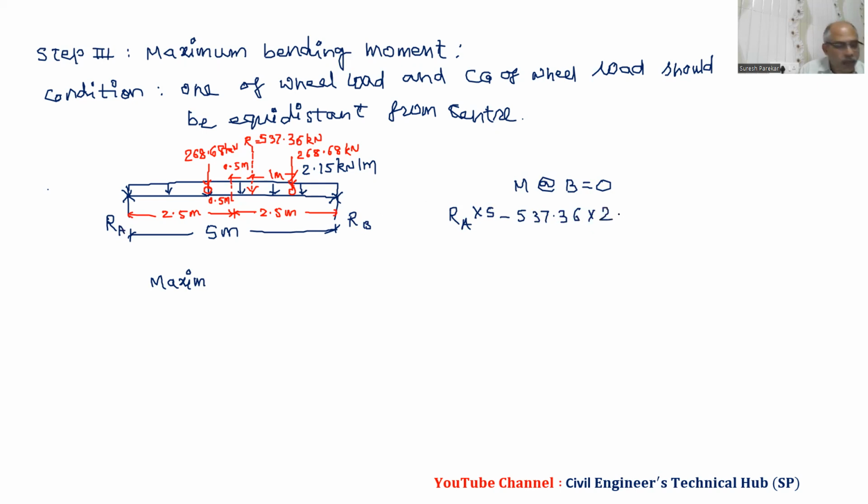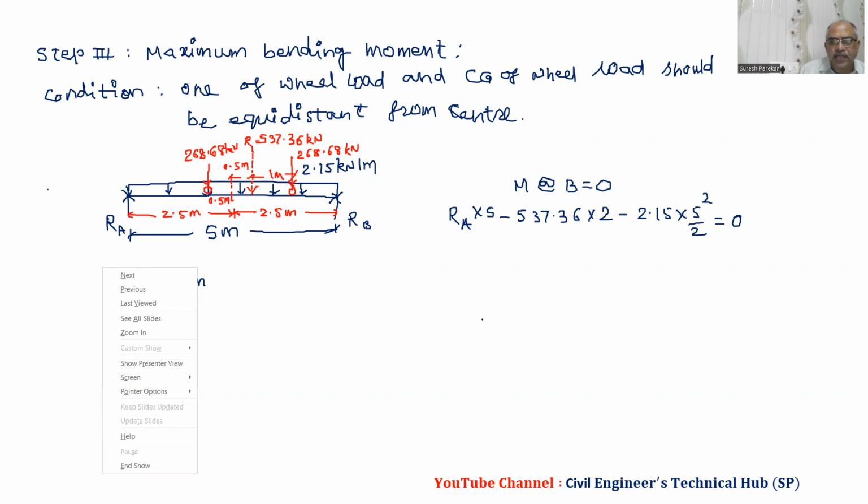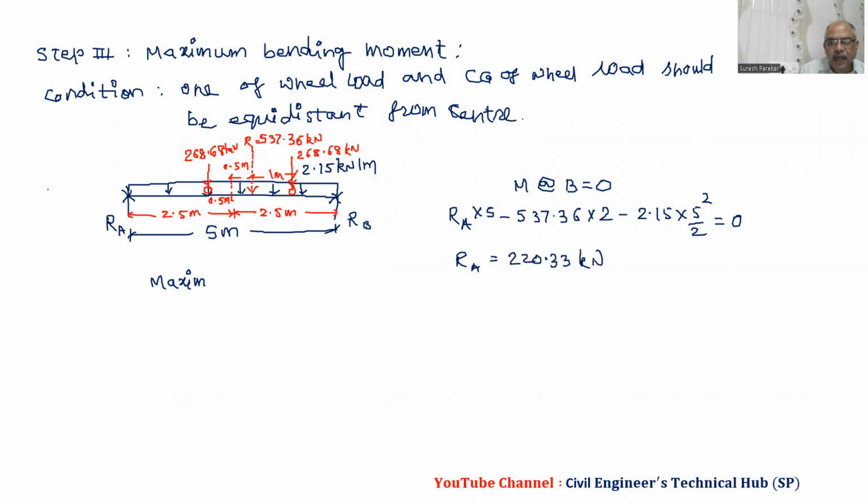Now you have to go and check it. You see the last video, from there you will understand how we have considered these values. And then we have RA equal to 220.33 kilonewton.